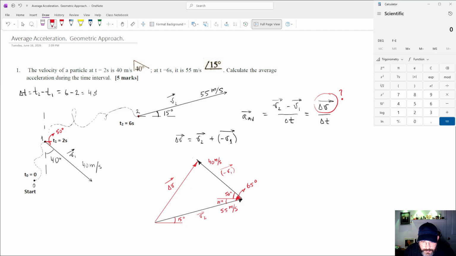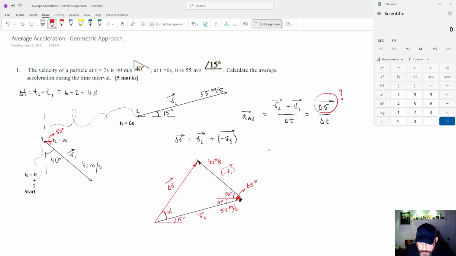Okay, to calculate delta V, we can apply cosine law. So this angle is also important because it will help us to define direction of our delta V vector, and this is also going to define direction of our average acceleration in combination with this 15 degrees angle. So this is going to be angle relative to the horizontal line.